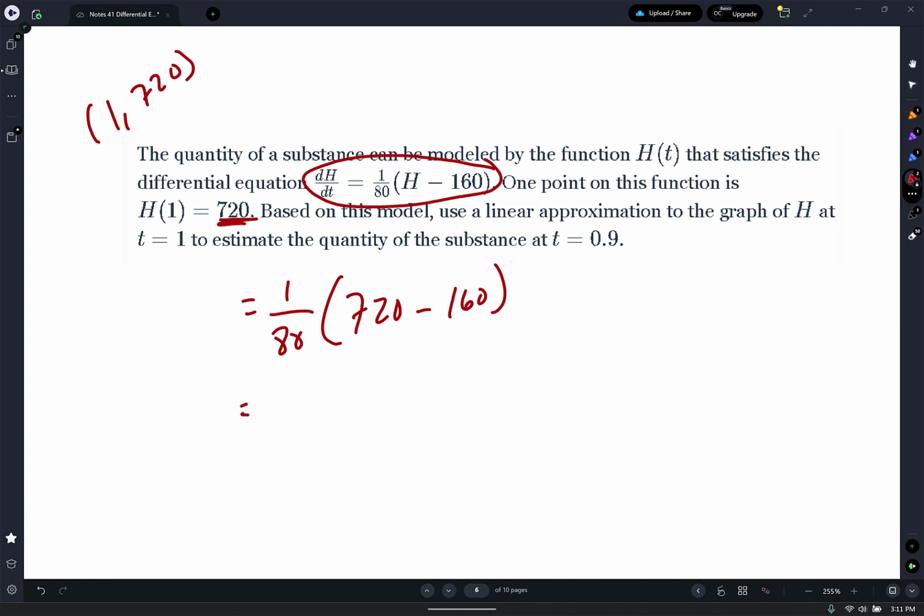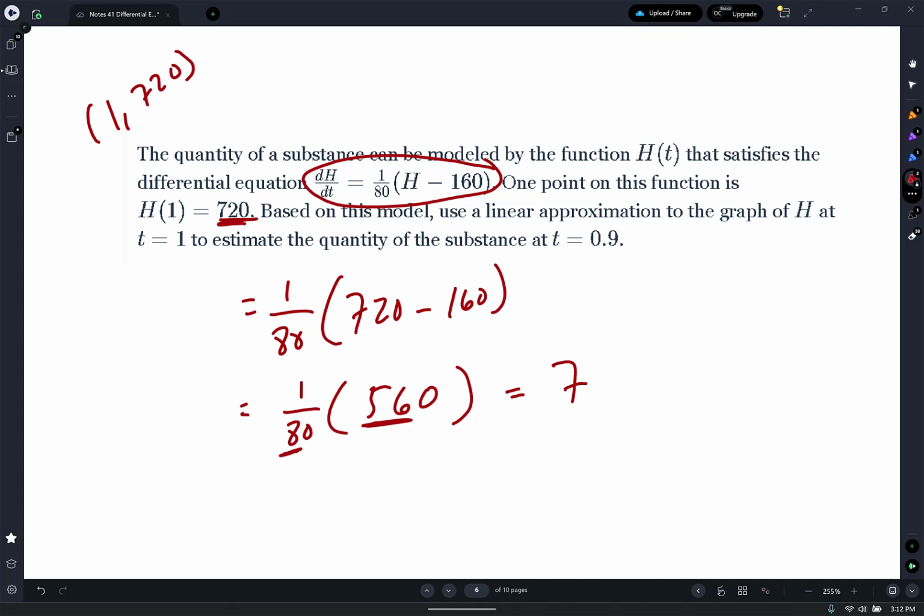Let's see what this is. 1/80 times 720, 620, 520, 40 more, 560. Let me know, guys, because I make mistakes all the time. How many times does 8 go into 56? 7? So 70. Or is it 7?